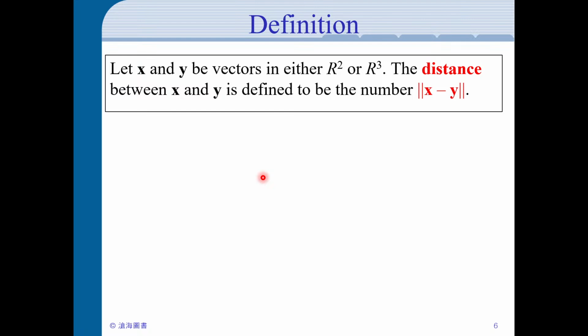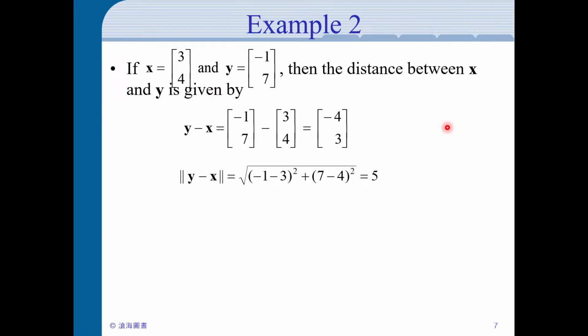So the distance between two vectors is the norm of x minus y, which also equals the norm of y minus x, because obviously the norm doesn't care about the minus sign. Let's see an example. x is the vector (3, 4) and y is the vector (-1, 7).